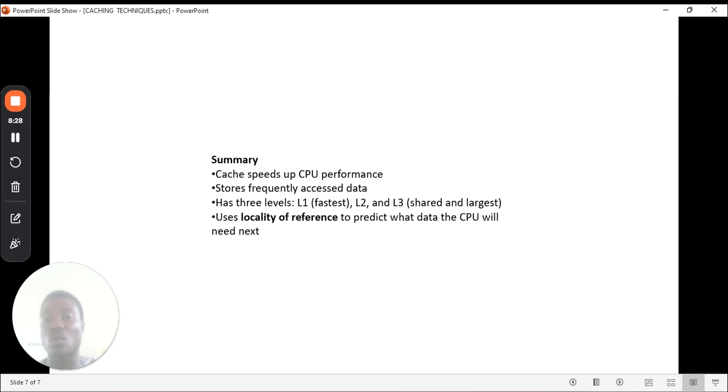Also, one thing I want you to know is that it uses locality of reference to predict what data the CPU will need next. I don't want to talk about it now; in our next meeting we are going to talk about it. When you go to your CPU, we have memory addresses and we have the data values.